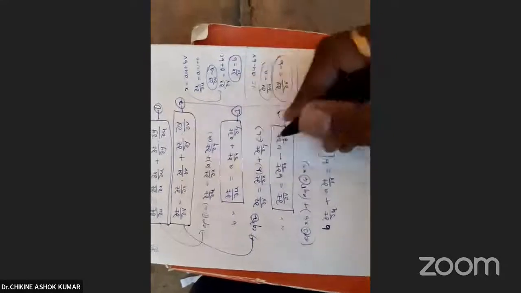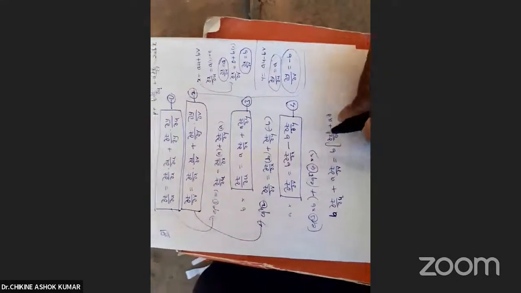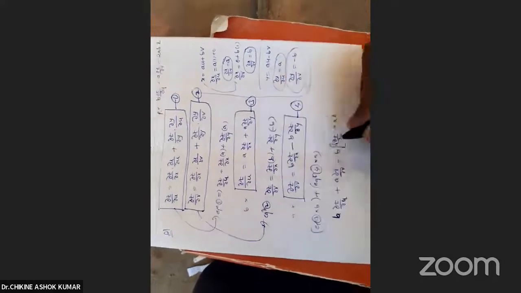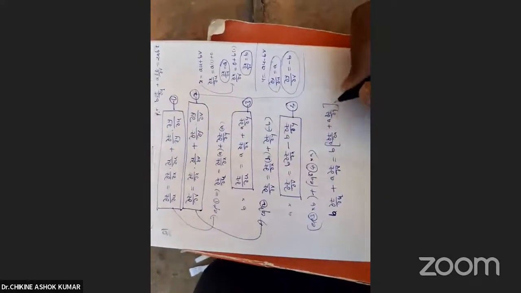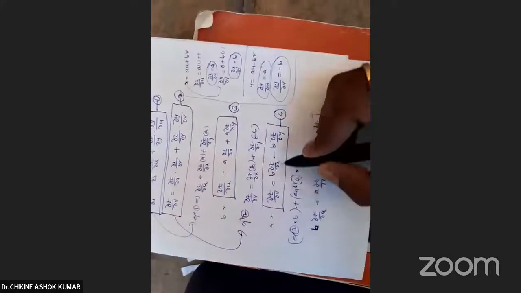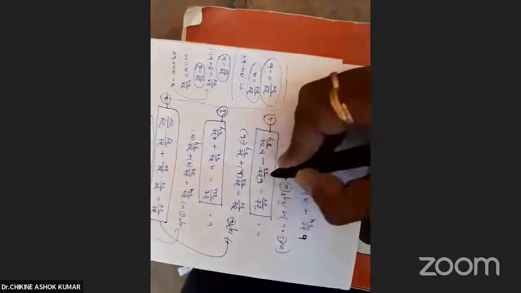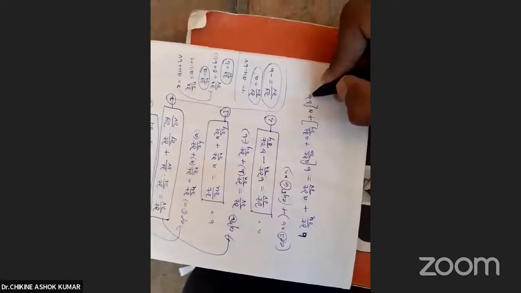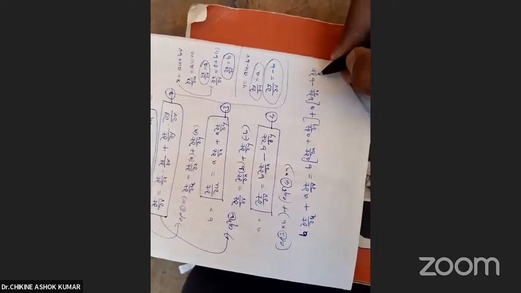The dou z by dou u value is a into dou z by dou x plus a into dou z by dou y, multiplied by b. Plus a into the fourth equation's right side value, which is b dou z by dou x minus b dou z by dou y.